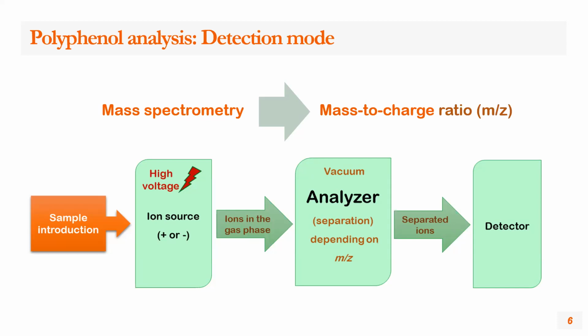The compounds coming out of the column should go to a detector. One of the common detectors for measuring polyphenols is the mass spectrometer. How a mass spectrometer works, in simple words: all the compounds entering the mass spec should be ionized and in the gaseous phase.